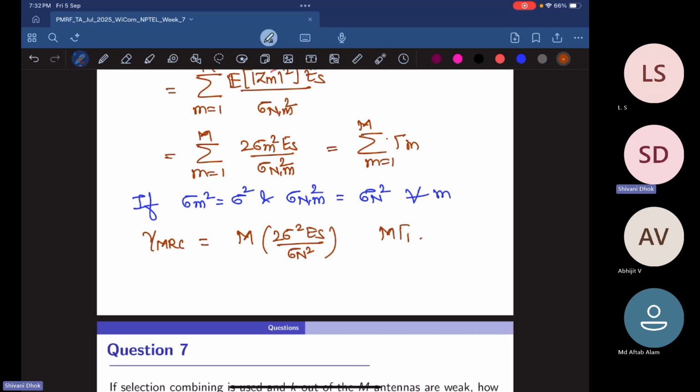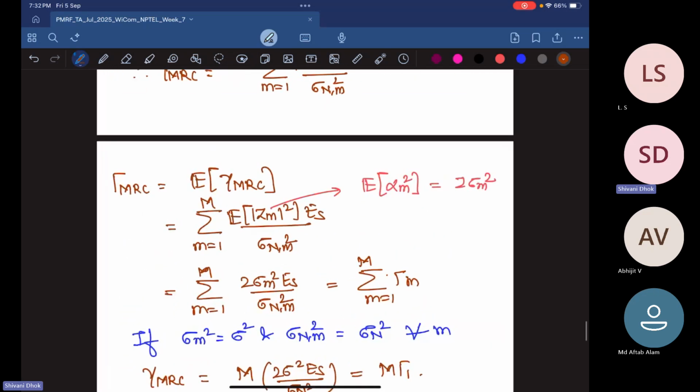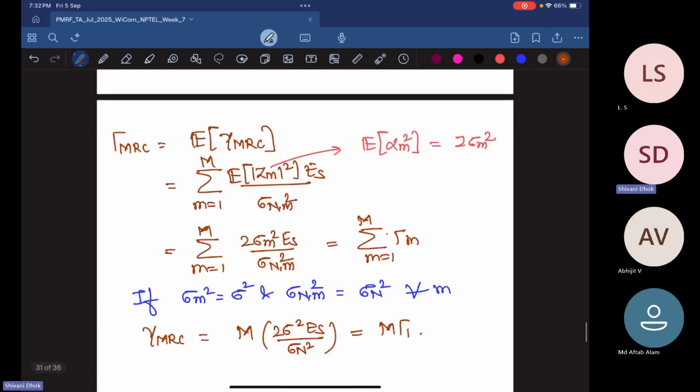So this is what we had seen in the class. I just repeated it so that these kind of calculations are understandable to you, and if something similar comes up with random variables and other stuff, you are capable of doing it. Any questions?